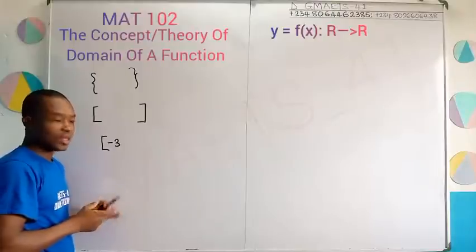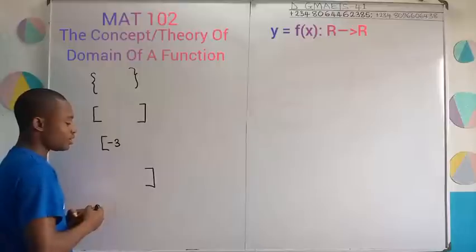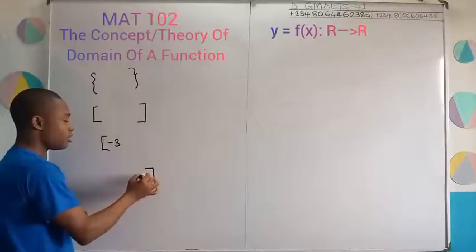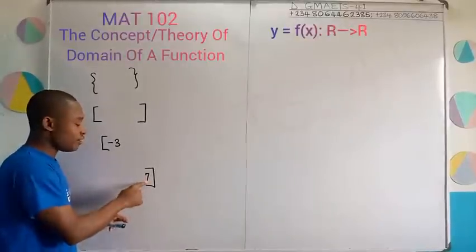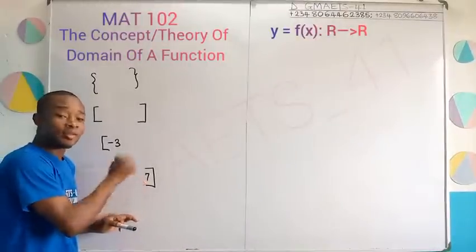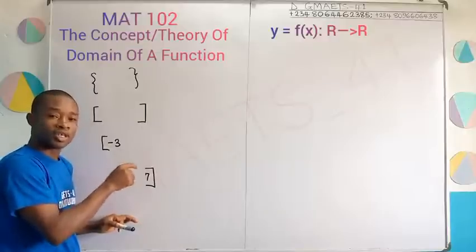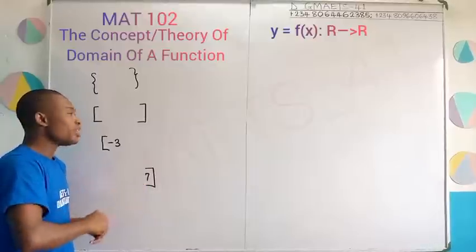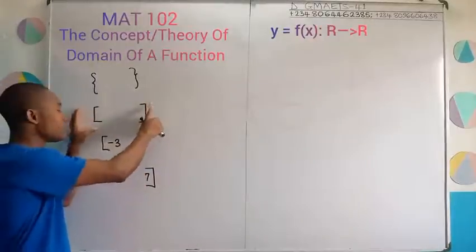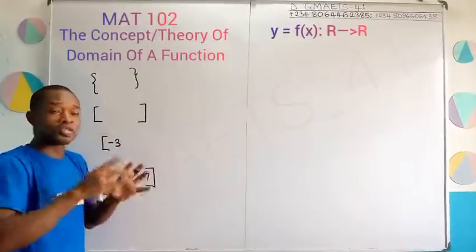Now, if I close a bracket with, let me say, 7, this simply means that 7 is the end point, the last value of the domain of the function, and that 7 is part of the domain. So anytime you use this bracket, please take note that the numbers you write in there are part of the domain.